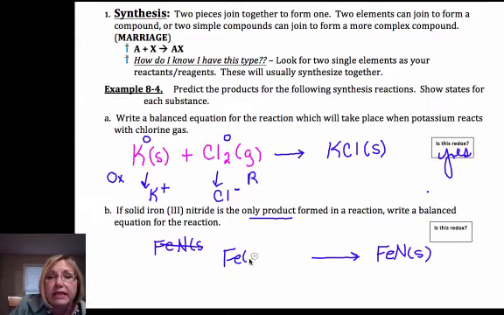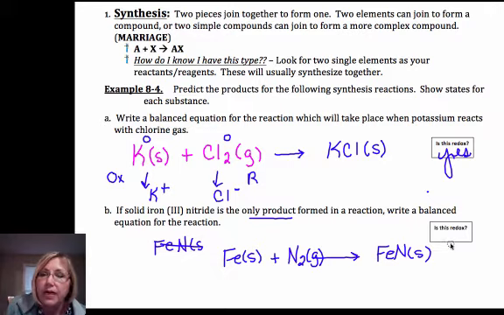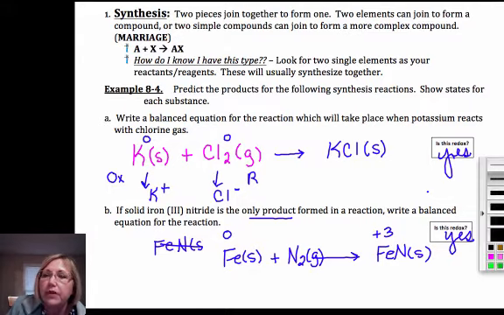So that must mean I had some solid iron and some nitrogen gas. Now, since solid pure iron is 0 and iron 3 nitride is Fe+3, I know that's a redox. All right? So that's how we would predict both of those.